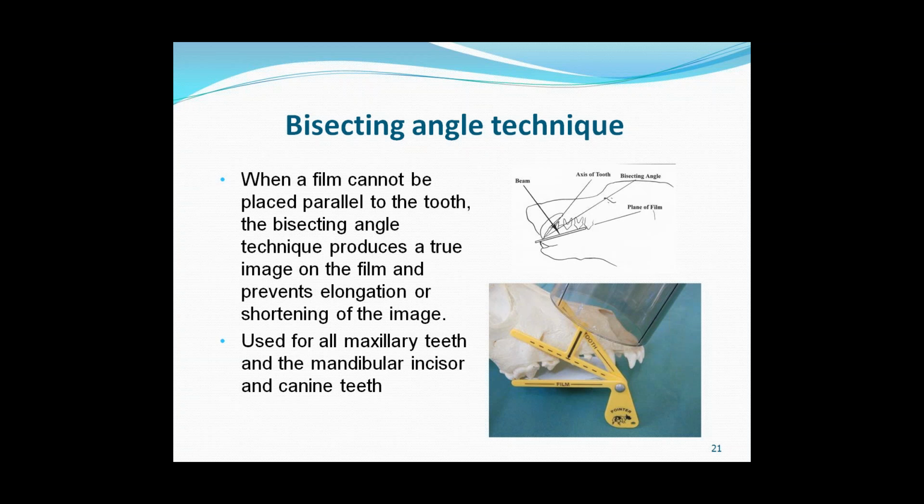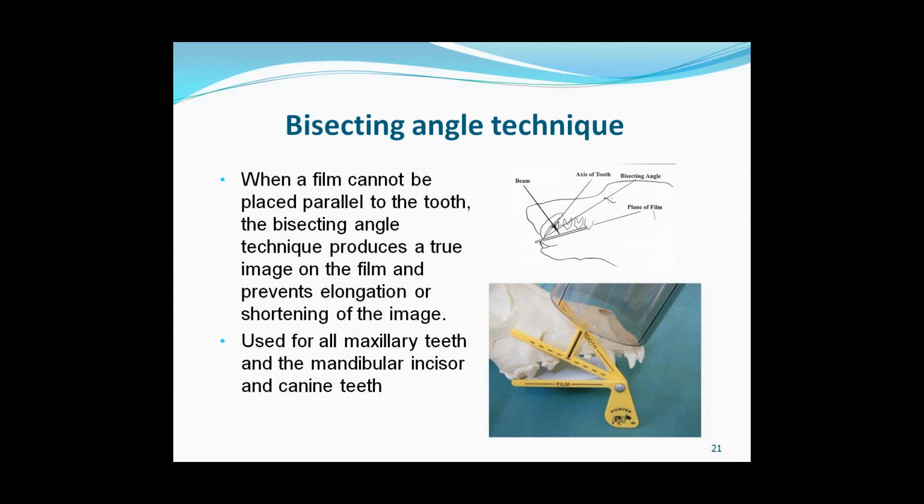What we do is we place the film as parallel to the tooth as we possibly can, as we can see by the picture on the lower and also the diagram up top here. And we then take the angle of the tooth. So we look at a line that travels down the axis of the tooth. So we now have two lines. We have one which is traveling down the line of the tooth and another one which is traveling along the length of the film.